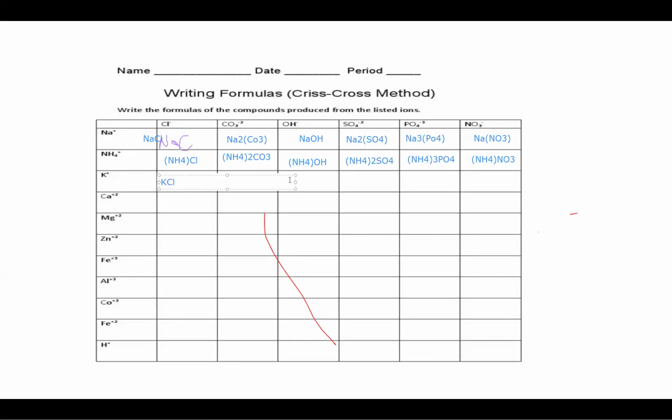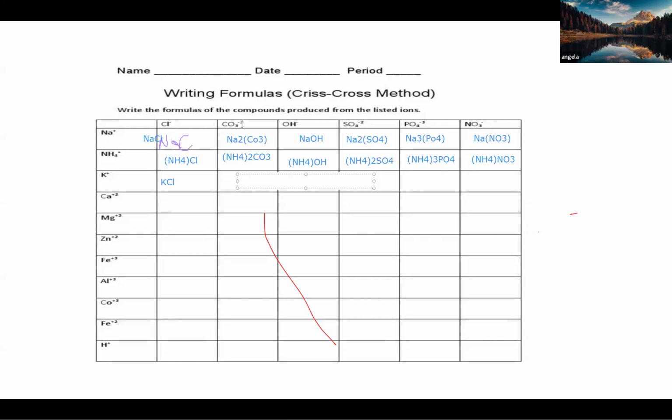So now it'd be K and then in parentheses CO3. So remember, you have CO3 with a 2 negative and potassium with a 1 positive. So it'd be -1 CO3, and then it'd cross.